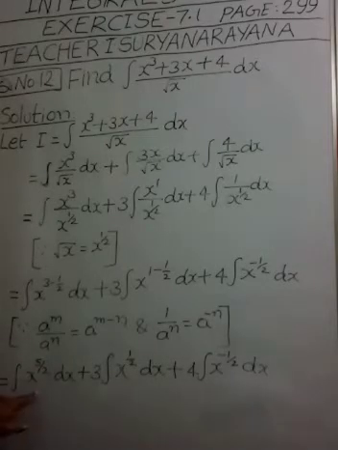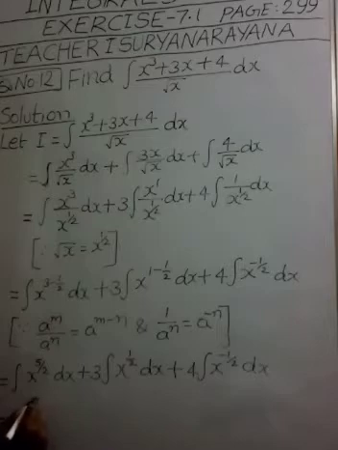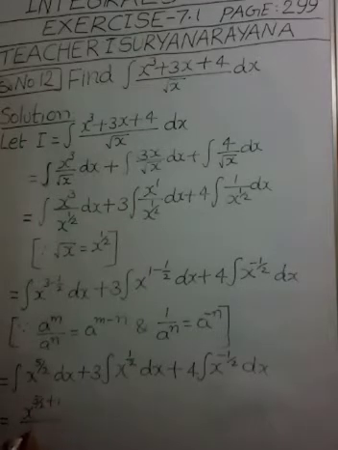if you observe the first term, it is in the form of integral x power n dx. Do you remember the formula, my dear children? Yes. x power 5 by 2 plus 1 by 5 by 2 plus 1.